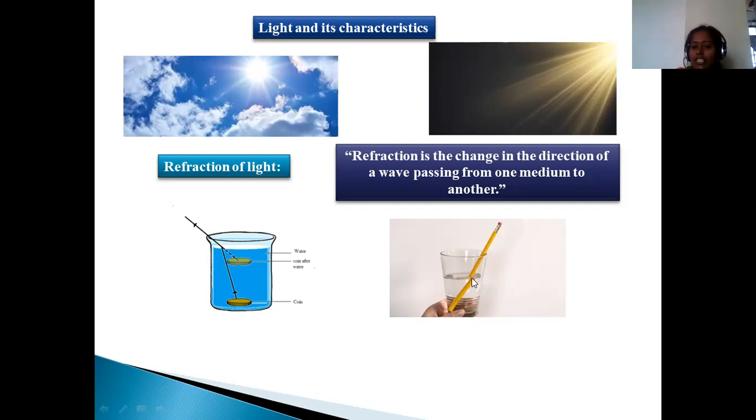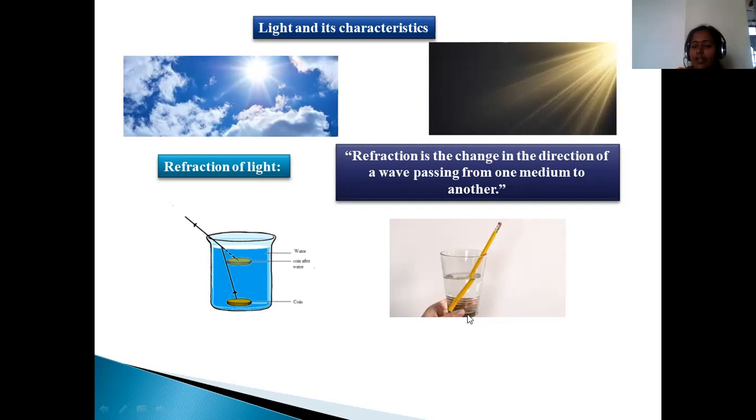Actually the object is not bent, but it appears so when we observe it dipped into another medium. Here the outer medium is gaseous and the inner one is liquid.